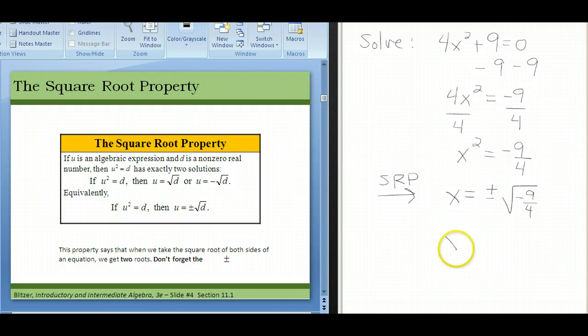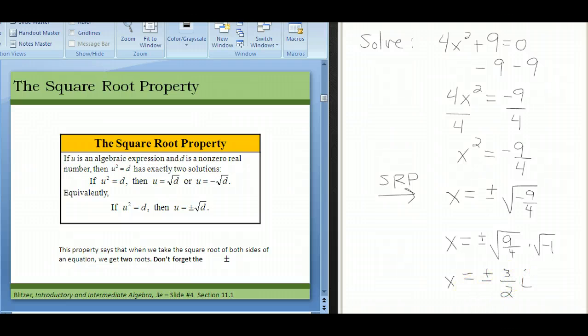If we rewrite this as the square root of 9/4 times the square root of negative 1, breaking it apart using that property of radicals, then x is equal to plus or minus the square root of 9/4, which is just the regular number 3/2, and the square root of negative 1 is i. So our roots to this quadratic equation are plus or minus 3/2 i.